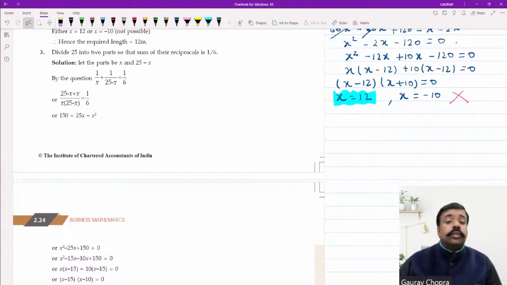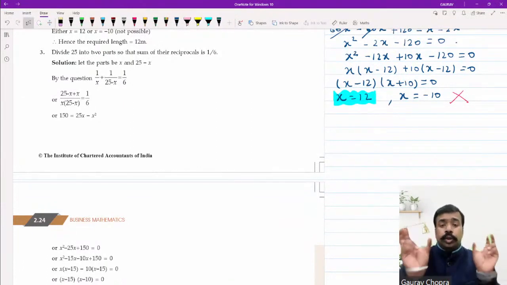Now, let's do some more problems. In question number 3, divide 25 into 2 parts. We have to break 25 into 2 parts so that the sum of their reciprocals is 1 by 6.